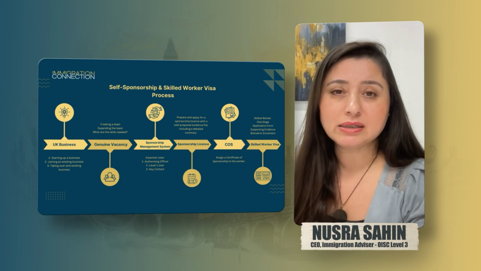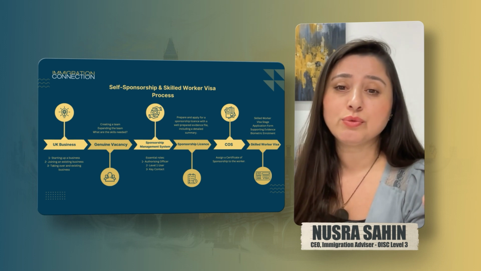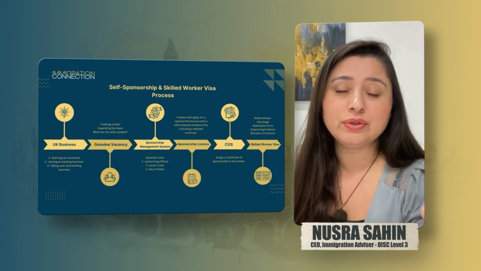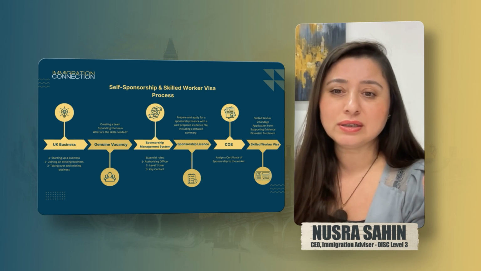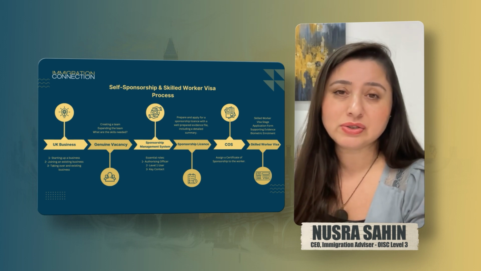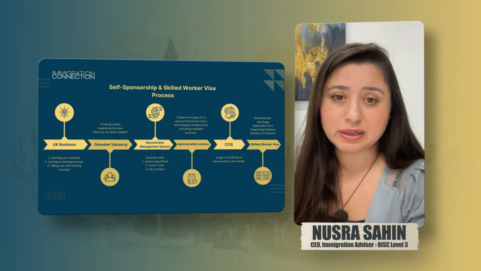and the Home Office can always come back to the potential sponsor and ask for further evidence, and also want to meet the owner or authorizing officer to question them and find answers to their questions and understand if there are some discrepancies in the application file.